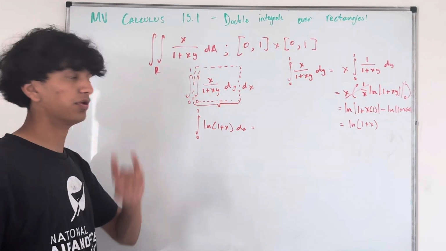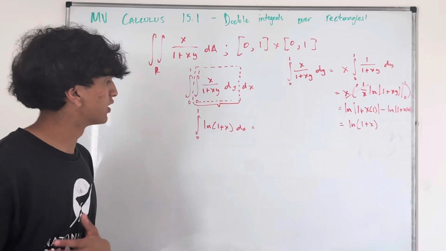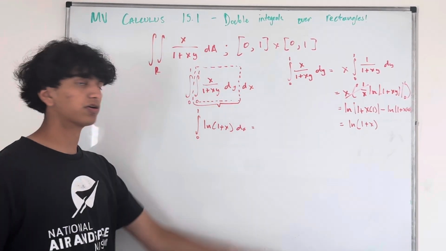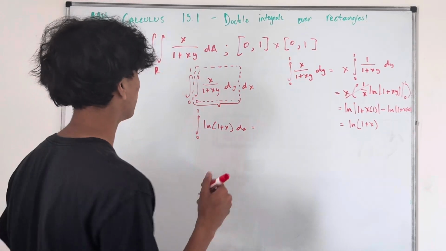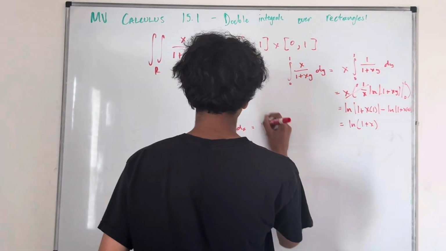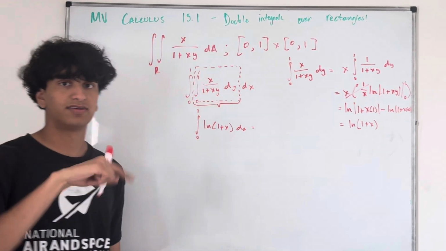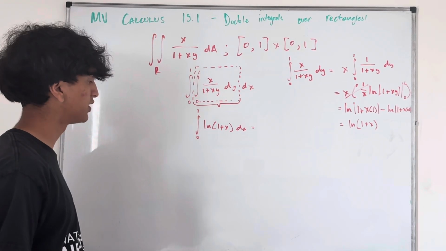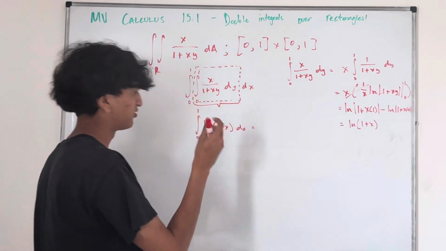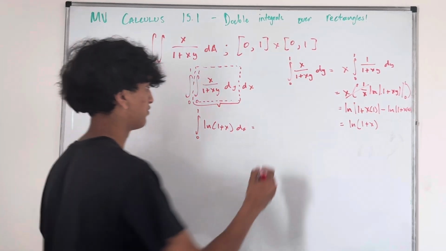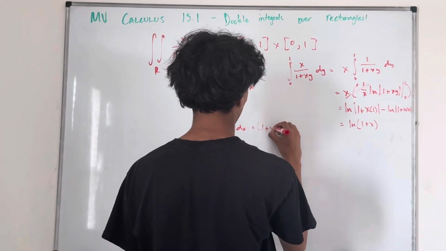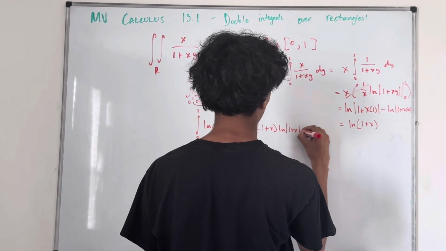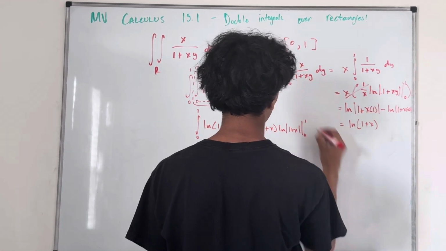You can use integration by parts to figure it out, but hopefully from Calc 2 you remember the integral of ln x is x ln x minus x plus c. So really our x just ends up being 1 plus x. So we have 1 plus x times ln 1 plus x from 0 to 1.